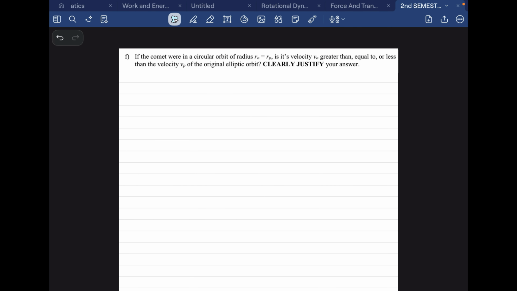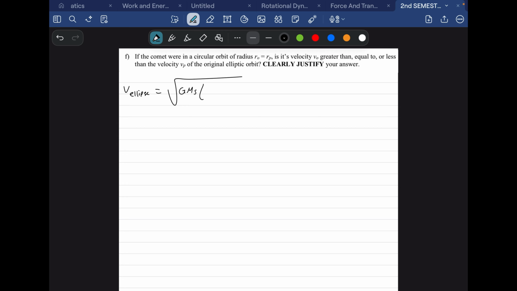Earlier we found the v for an ellipse is equal to radical G mass of the sun times 2 over r, but in this case it's r_P, right? Because that's what it's asking for, minus 1 over the semi-major axis, right?